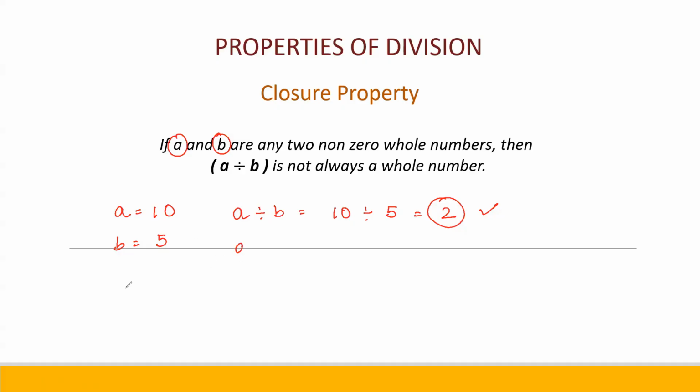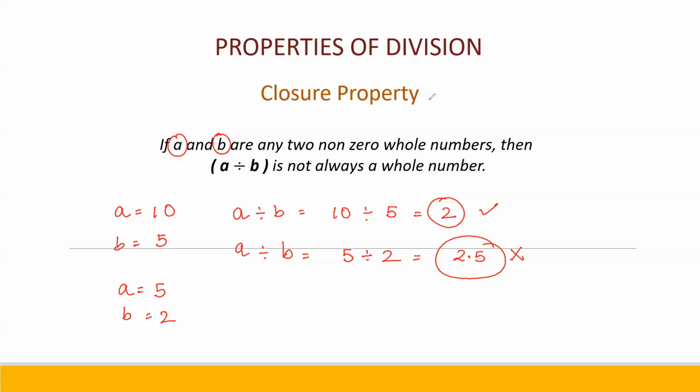Now, suppose we take A as 5 and B as 2. Here, A divided by B is 5 divided by 2, which is 2.5. But 2.5 is not a whole number. So what does this mean? That when we divide two whole numbers, the answer may or may not be a whole number.